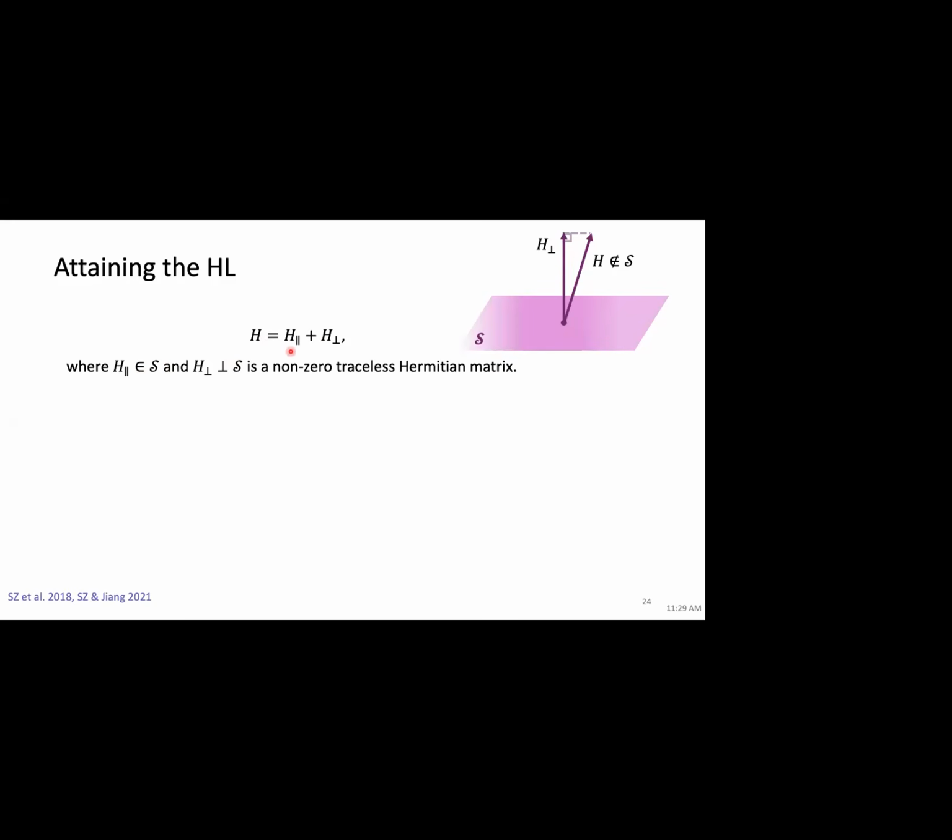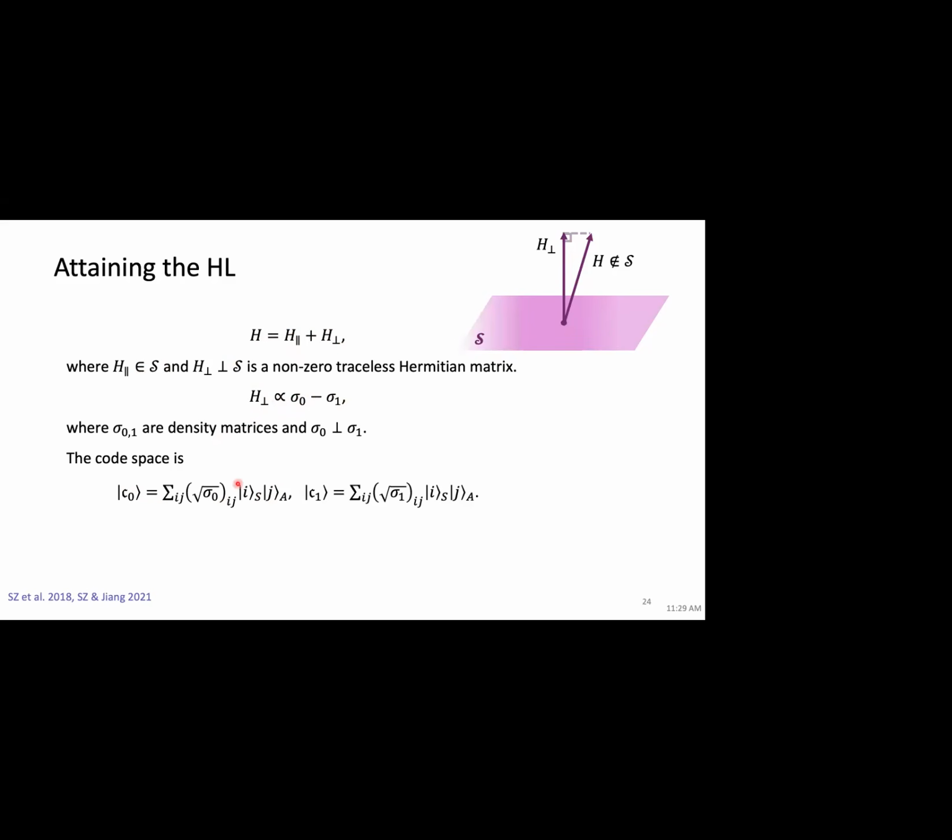The first one is inside the crossband, and the second one is perpendicular to the crossband. In that case, the perpendicular part could be decomposed into the difference between two positive matrices. If we rescale it a little bit, it could be a difference between two density matrices. And then we can just use these density matrices to define the code space.